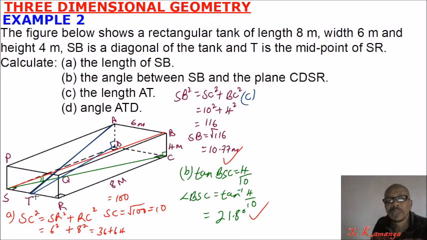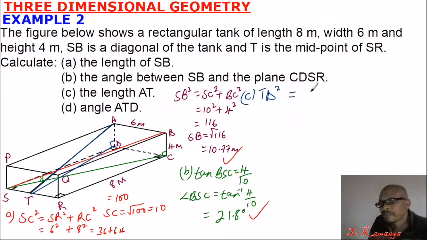But we can get TD using ST and SD. So we say TD squared is equal to ST squared plus SD squared. That is using the Pythagoras theorem.